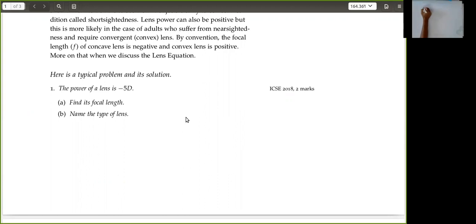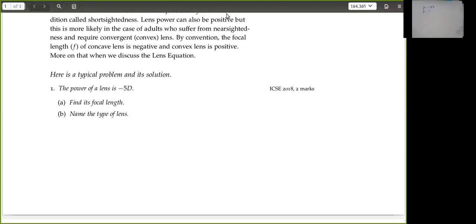The power is given as minus 5 diopters. Well, the second part is easy because the power is negative. That means the focal length will also be negative. So if the focal length is negative, then you know it's a concave lens.